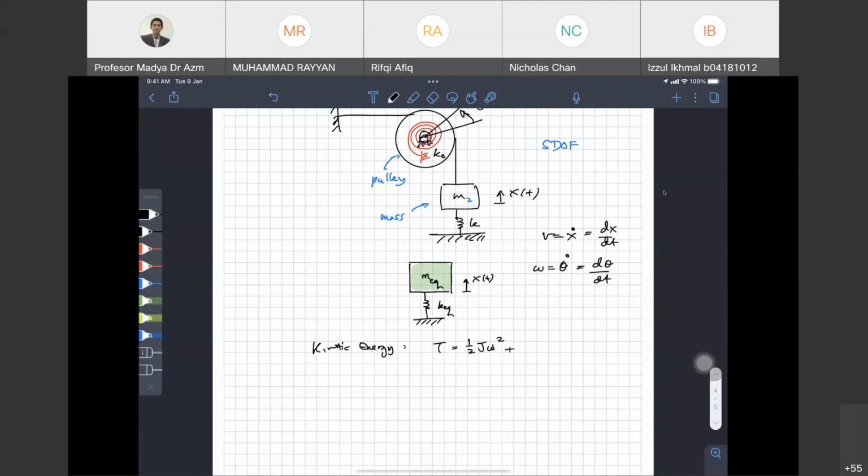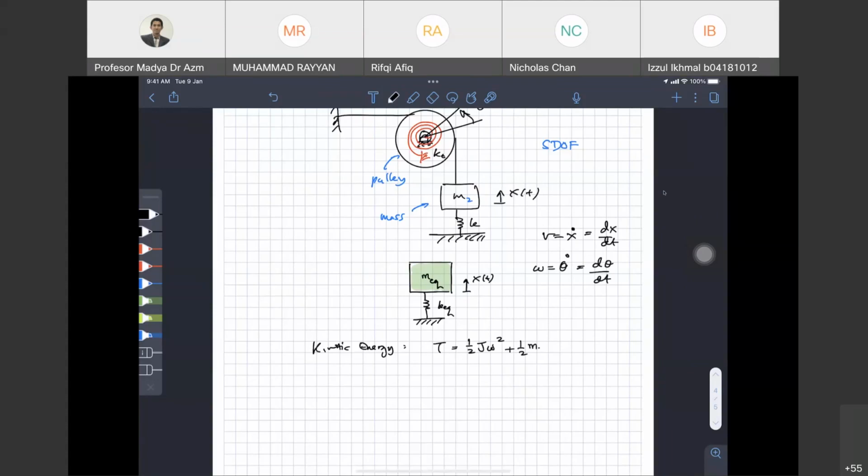So plus, this one is for the pulley. What about for this mass? This mass is not rotating, it's only moving in x, linear. It's not rotation, it's linear. So a half. Remember the formula for kinetic energy from your high school.